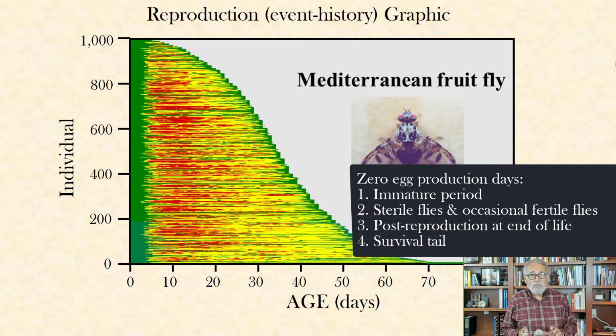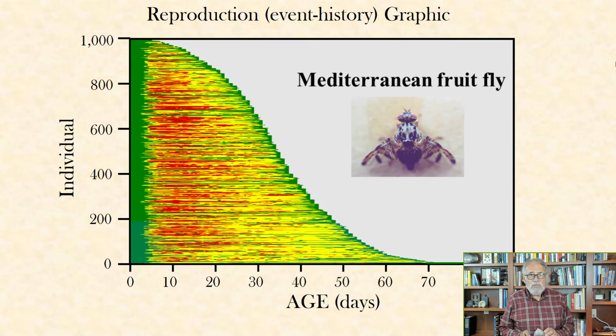The zero production days resulting from lack of egg laying in sterile flies, as well as those zero production days due to day-to-day variation in egg laying by fertile flies. And the post-reproductive period immediately preceding death, as well as the low egg production at the cohort survival tail.